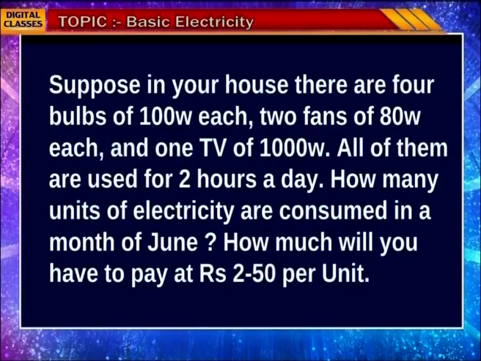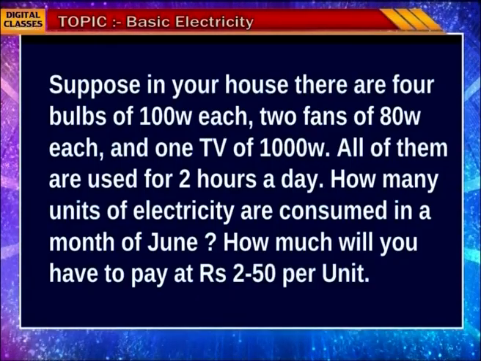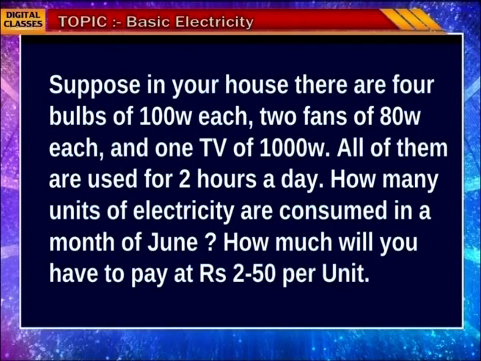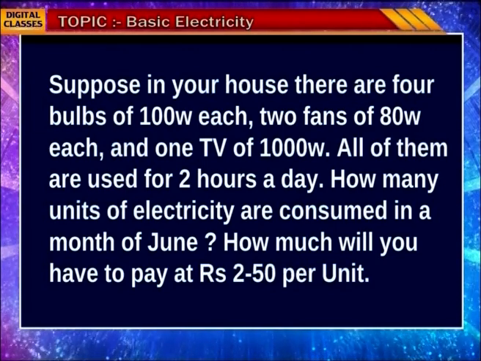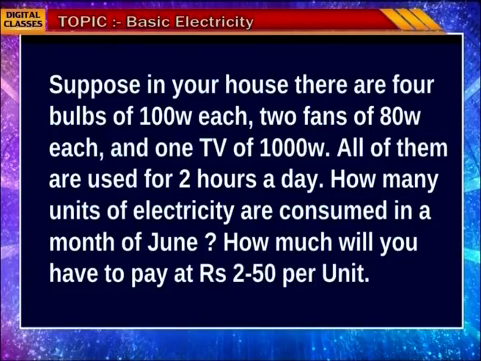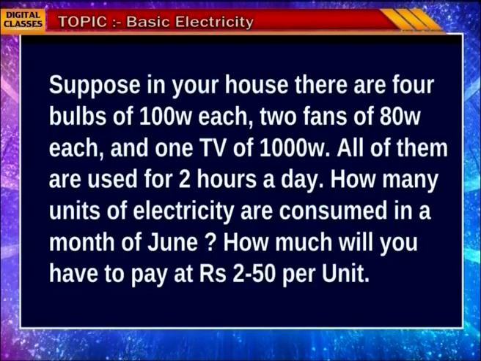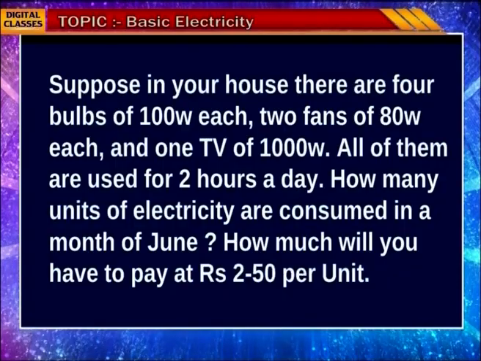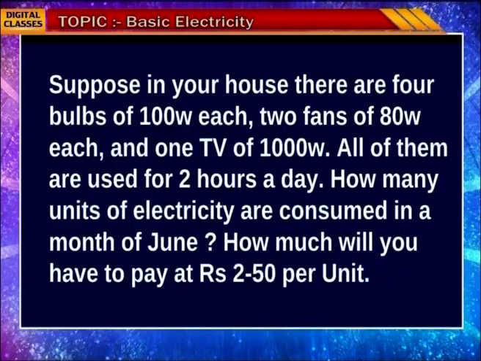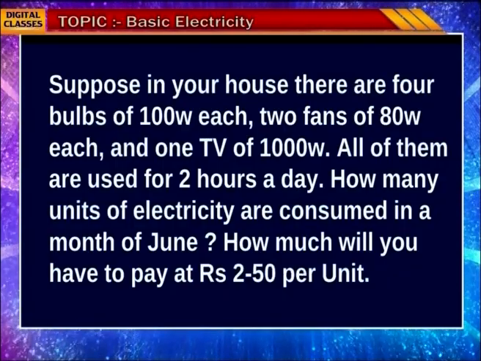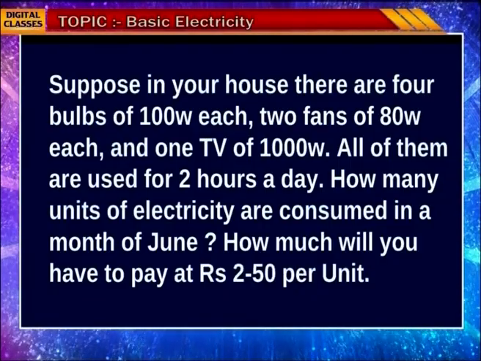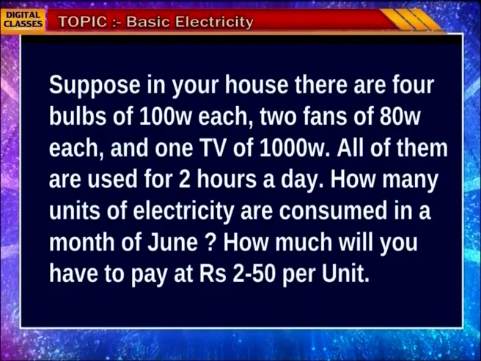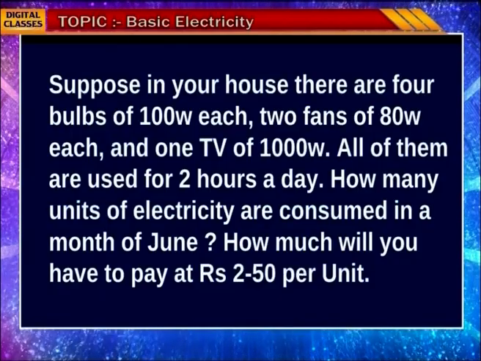Suppose in your house there are 4 bulbs of 100 watts each, 2 fans of 80 watts each, and 1 TV of 1000 watts. All of them are used for 2 hours a day. How many units of electricity are consumed in the month of June? How much will you have to pay at 2 rupees 50 paise per unit?